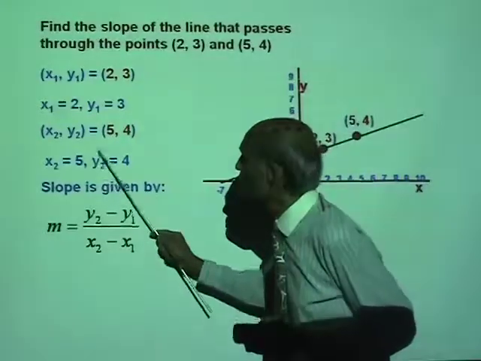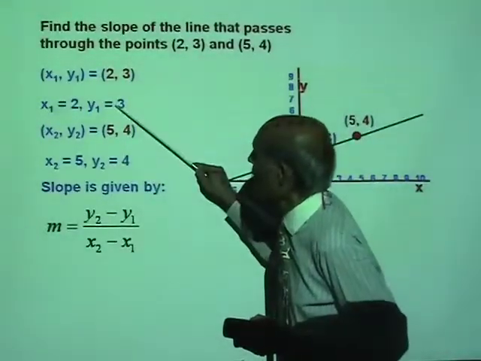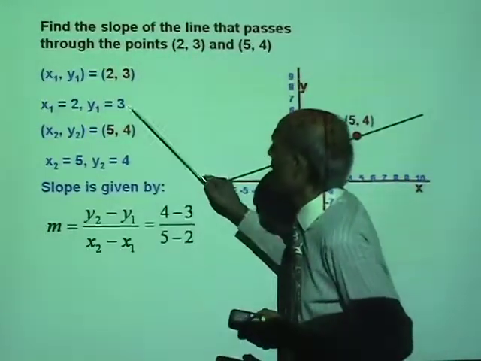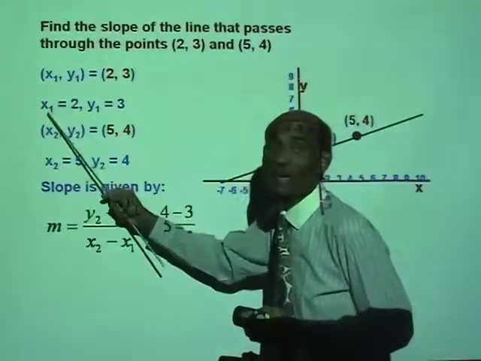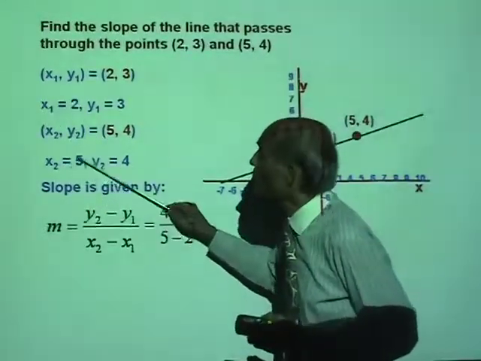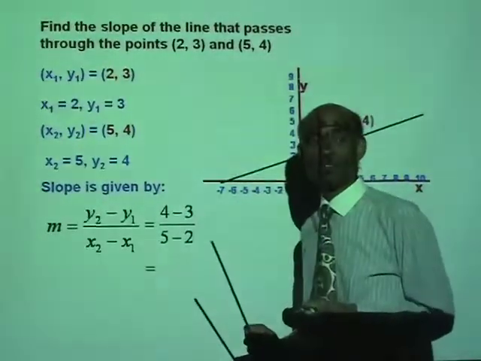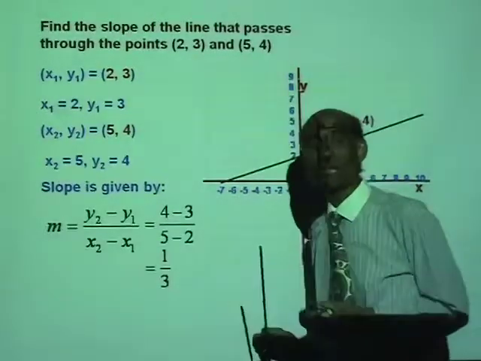Now what is y2 minus y1? Look at this. y2 is 4, y1 is 3. y2 minus y1 is 4 minus 3. And x2 is 5, x1 is 2, x2 minus x1 is 5 minus 2. It means the slope is 1 over 3.